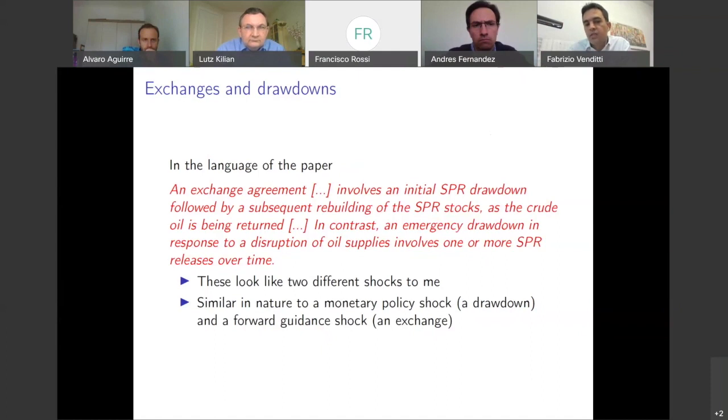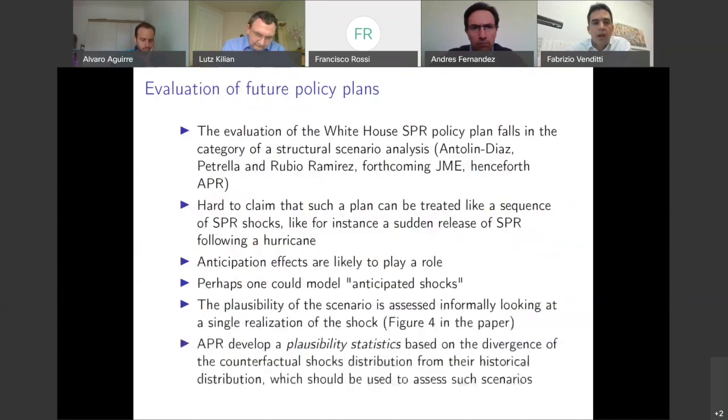And in nature, it seems very similar to me to the difference that we make when we look at monetary policy shocks, between pure monetary policy shocks and forward guidance. So there is an expectation component that you're shocking when you do an exchange that perhaps needs to be modeled and identified as a different shock.